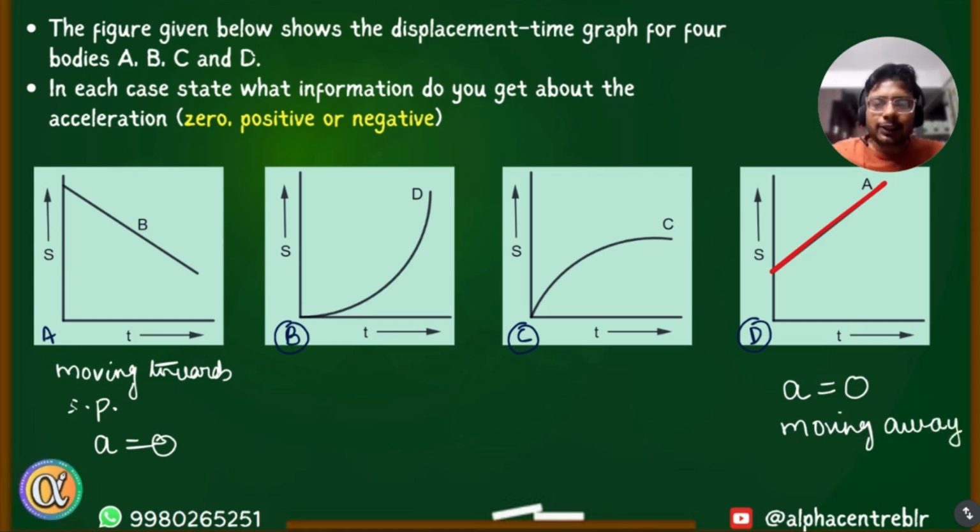But in these two cases, the middle ones, B and C, in the first case you see that in consecutive intervals of time, the displacement increases. So it means the object is becoming faster and faster. So here acceleration is positive.